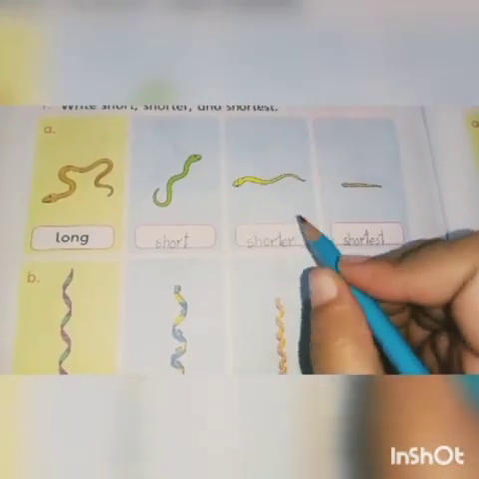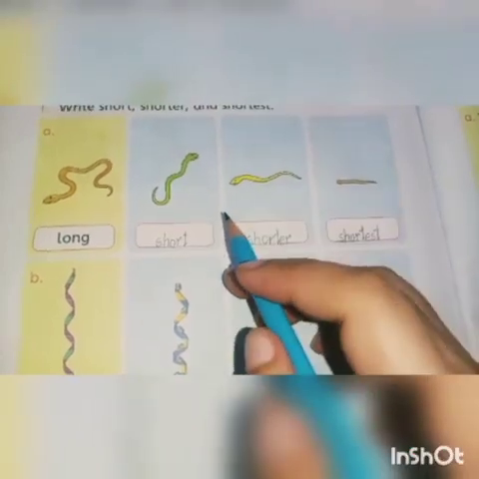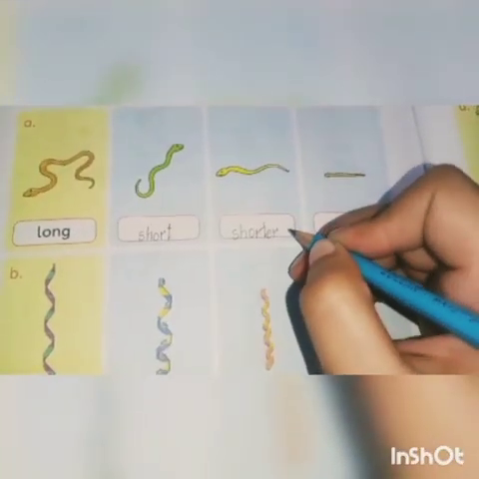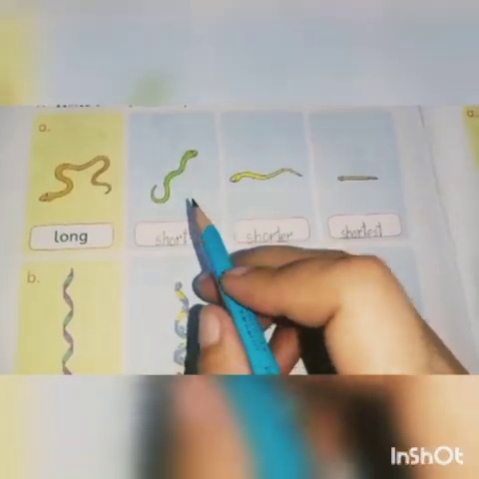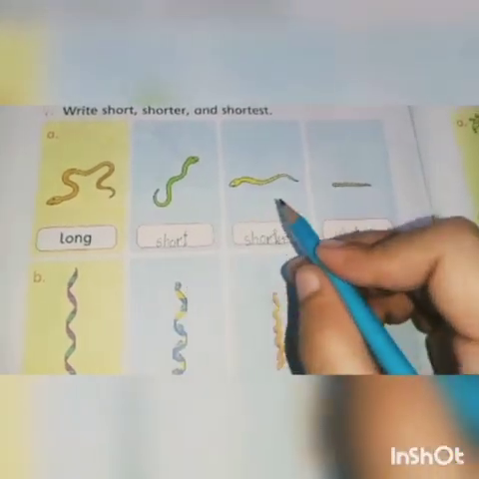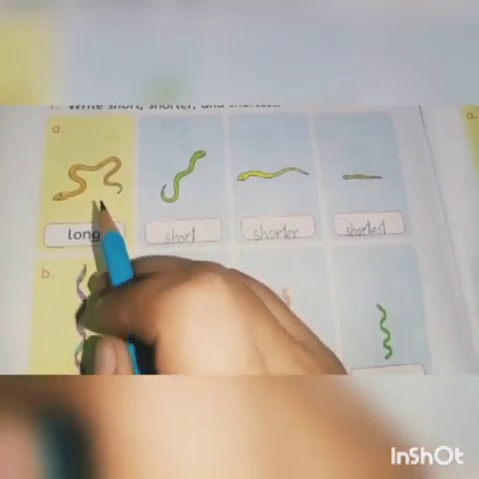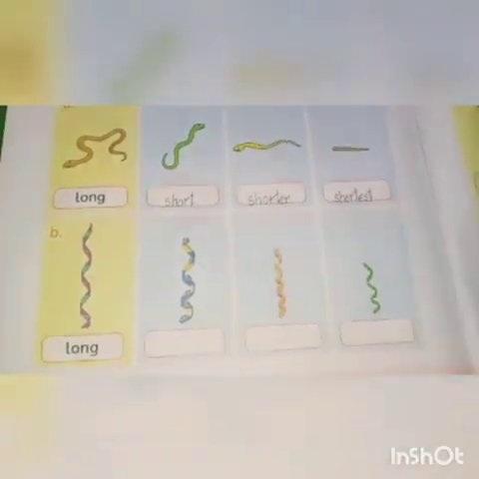Then we can see this snake is longer than this one and shorter than these two, so we write shorter in the box. Then here we have our third picture. This snake is longer than these two and shorter than this one long snake. So we write over here short. Go for the next one.